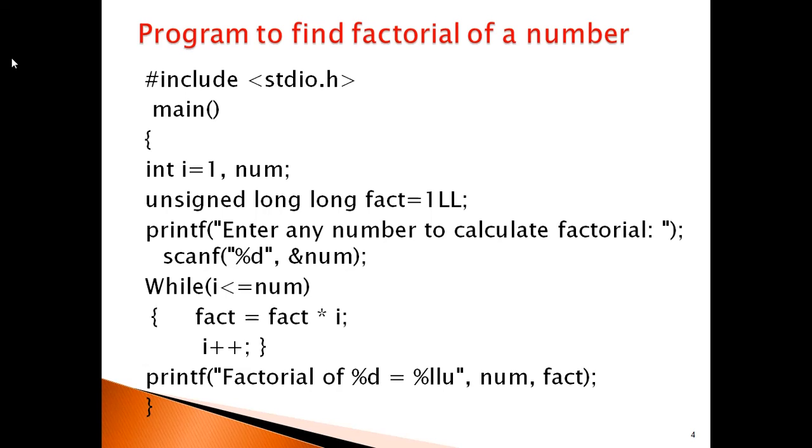Then the i value is incremented. Initially the i value is 1. This process is repeated. At the time of the sixth iteration, since in our example we entered 5, it comes out of the loop and the factorial value is printed on the screen. We will see this program.